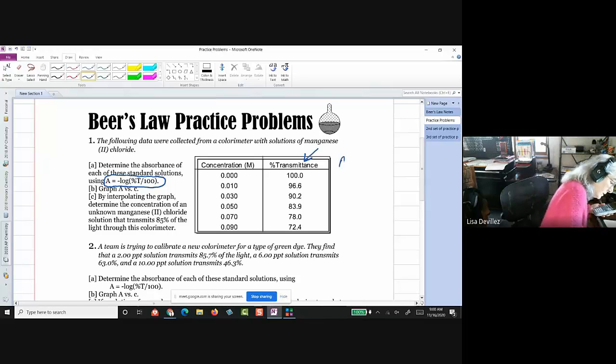So that's going to be, if I make a separate table for absorbance, the first one's going to be 0.